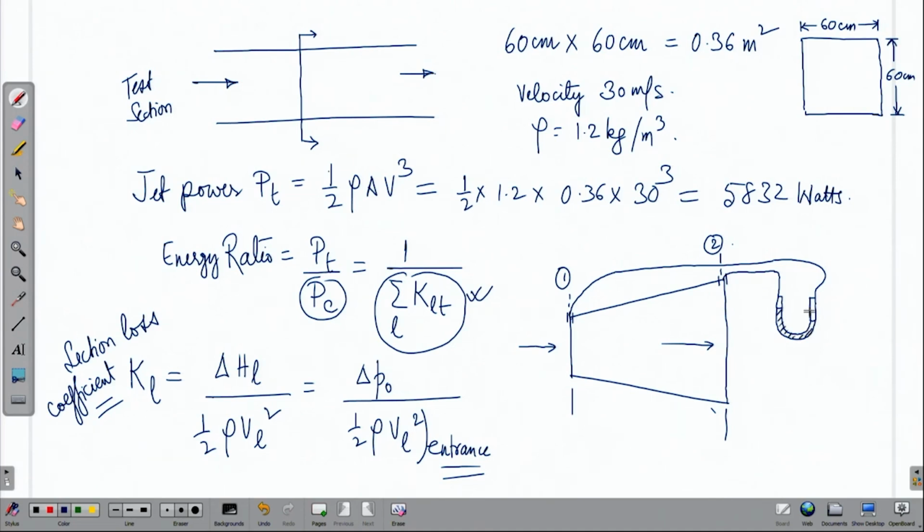You will notice a difference in height of the manometric fluid. Let us mark it as delta H. Okay, we will come to that later.